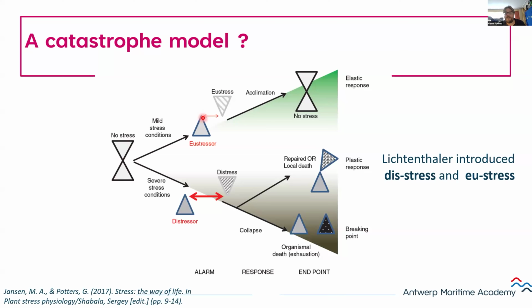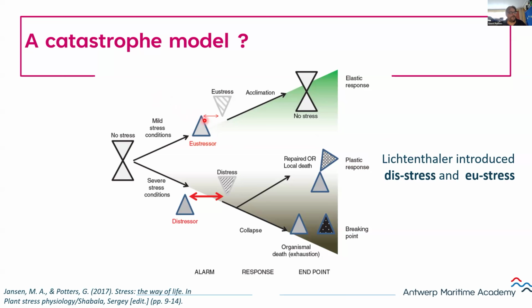So if your stress is light, then we call this, again with Lichtenthaler and Selye, eustress. A light stress, that's the stress that actually pushes you just to become more in harmony with your environment.